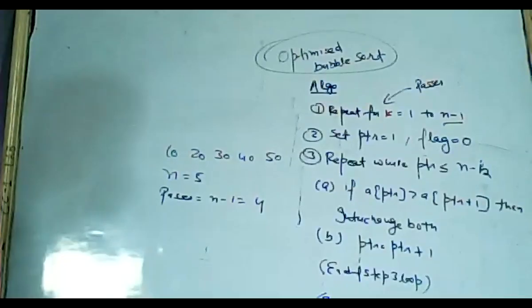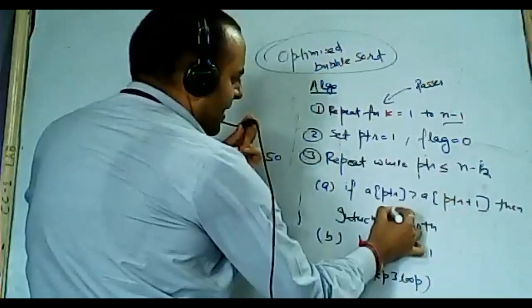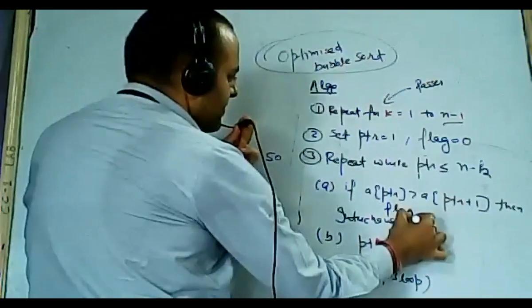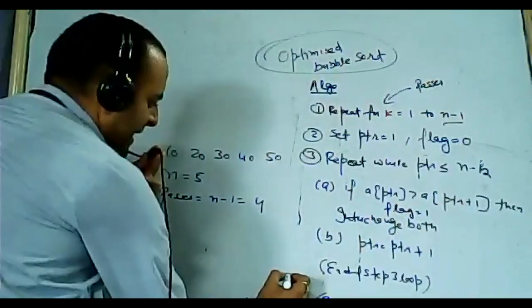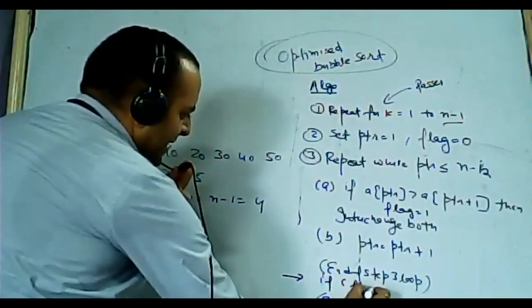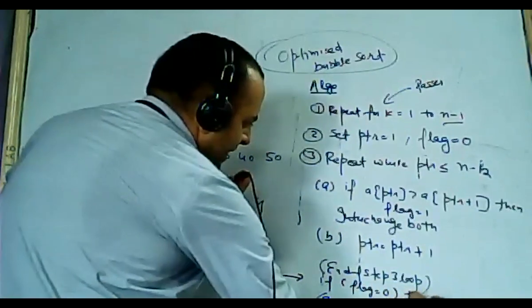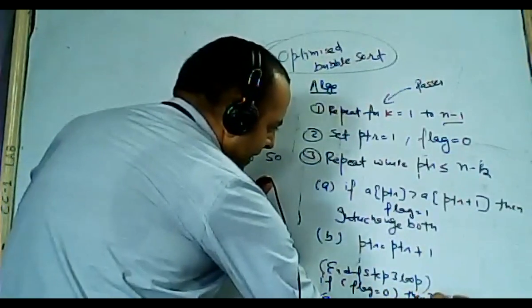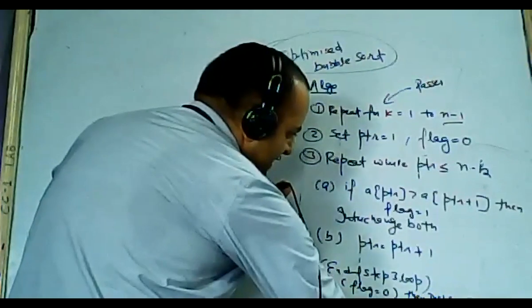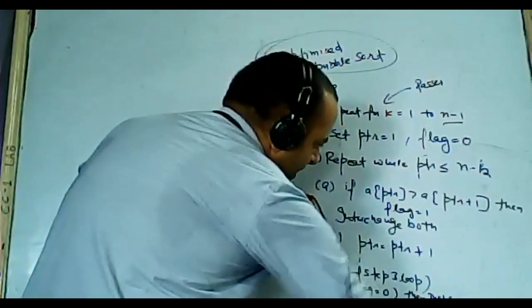And if element is greater than the next element, then flag will be 1. And here I need to check. If flag is 0, then display list already sorted.